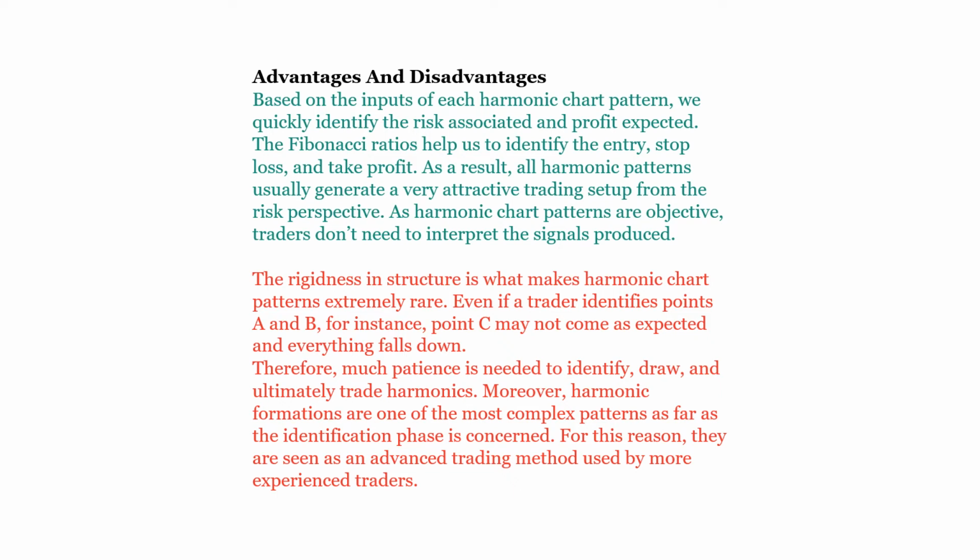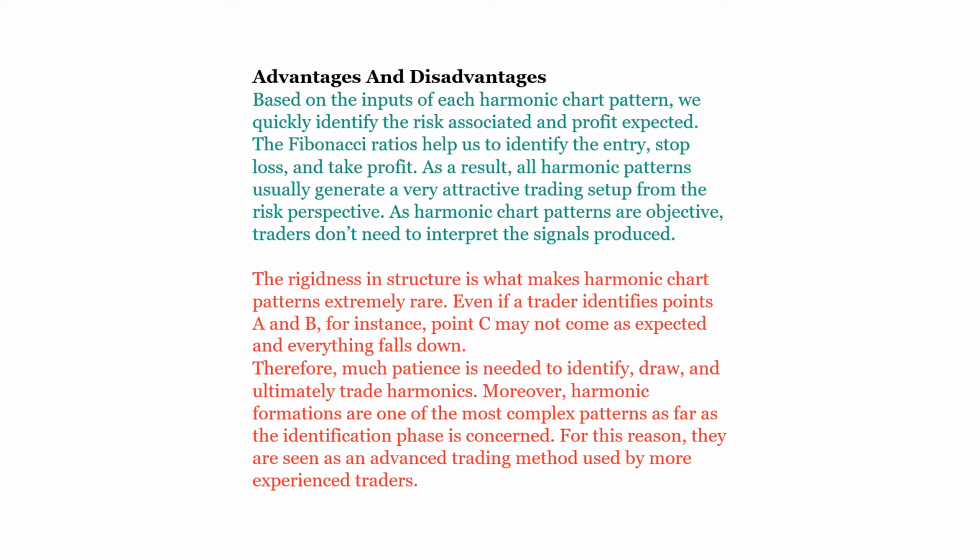There are some advantages and disadvantages of trading harmonic patterns. Because harmonic chart patterns are precisely defined formations, a significant advantage of harmonic chart patterns lies in their structure, which provides us with precisely defined levels to seek.